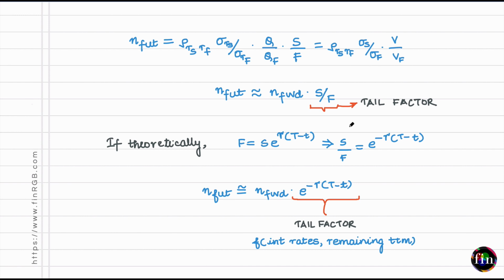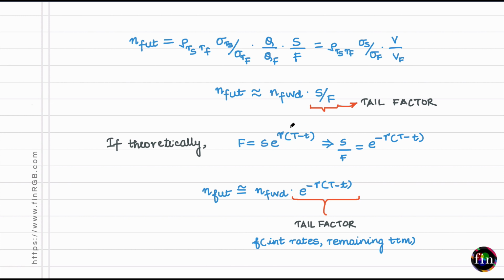If I were to make a very simplifying assumption, that the asset to which my hedger was originally exposed is the same asset on which my futures are defined, then I can write the F, theoretically speaking, to be equal to S times e to the power R times the residual time left.